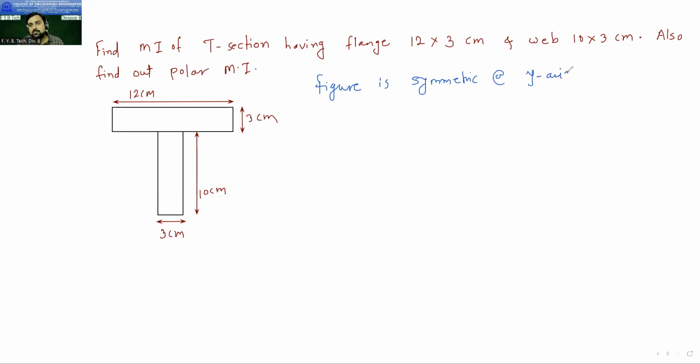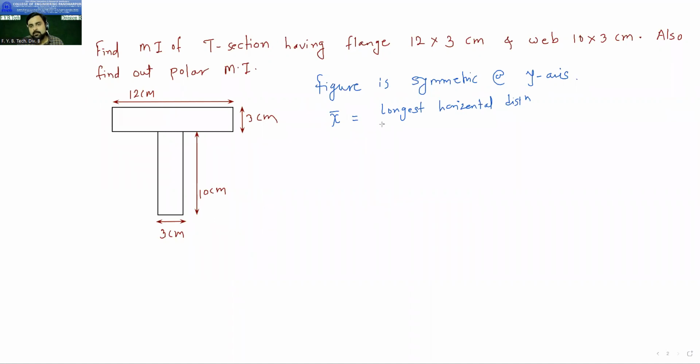Now, if the figure is symmetric about the y-axis, which value will we directly get? X bar. X bar is equal to, what is the formula? The longest horizontal distance divided by 2.